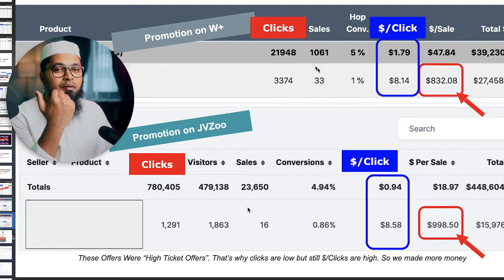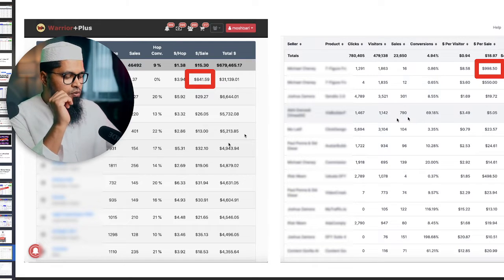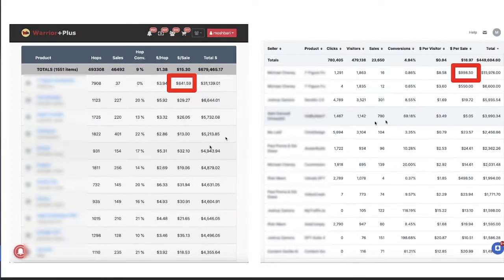Now, the problem number 3 that Ashley highlighted was this. This is how an affiliate dashboard generally looks. You have all this data: how many clicks you sent, how many sales you made, what's the conversion, what's the dollar per click, and what's the dollar per sale you're making, right? And total commissions you're making, all this data. If you have this data, then you can compare which promotion is making you money. Look at this.